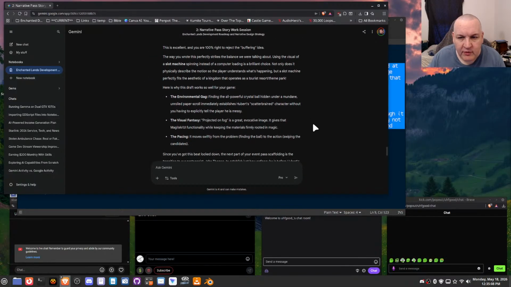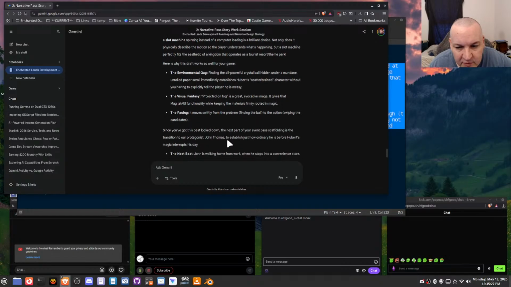It strikes a balance you're talking about. The visual of the slot machine spinning instead of a computer loading is a brilliant choice. Not only does it physically describe the motion so the player understands what's happening, but a slot machine perfectly fits aesthetic. Uh, Environmental guide. Finding an all-powerful crystal ball hidden under mundane, unrolled paper scroll immediately establishes Hubert's scatterbrained character without having to explicitly tell the player he's messy.